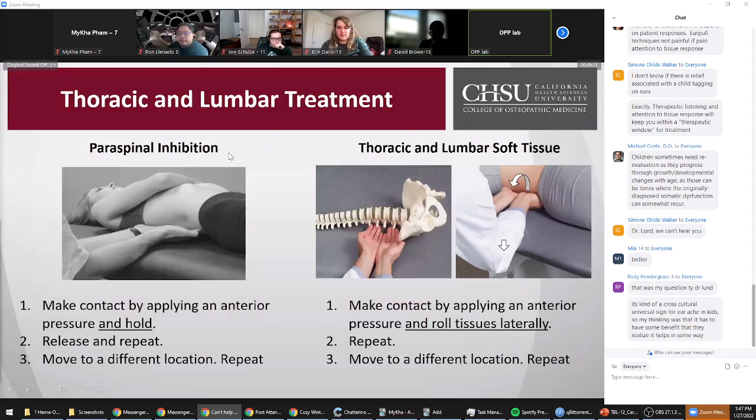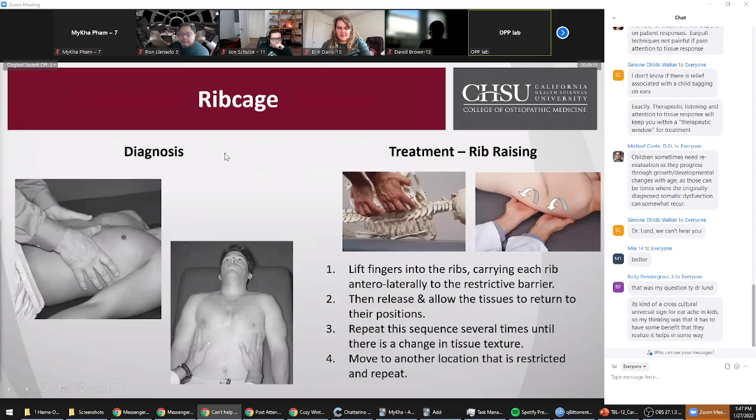Next technique. So this is similar to what you were saying before. You could do rib raising, which is depicted in the third and fourth pictures, the colored pictures.